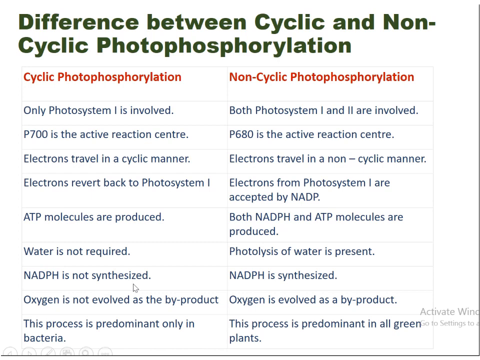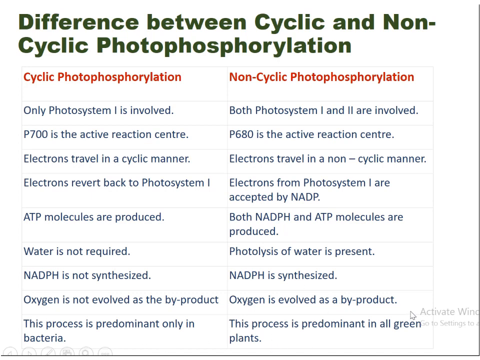NADPH2 is not synthesized in cyclic, but is synthesized in non-cyclic. Oxygen is not evolved as a byproduct in cyclic, but is evolved in non-cyclic photophosphorylation. More importantly, cyclic photophosphorylation is predominant in bacteria, but non-cyclic photophosphorylation takes place in all kinds of green plants, even in bacteria.